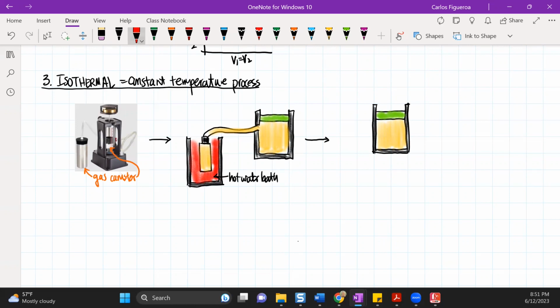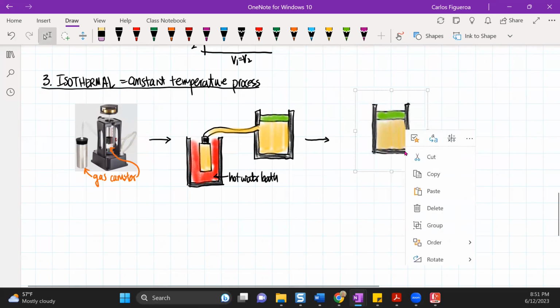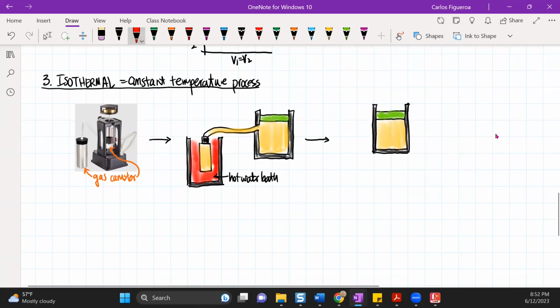So now I have to go in. Let me copy this here for a little bit later. I'm going to copy this. What I'm going to do now is put in a canister. I'm going to put this whole piston into a hot water bath like this.